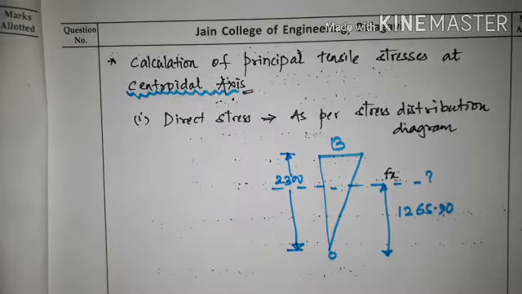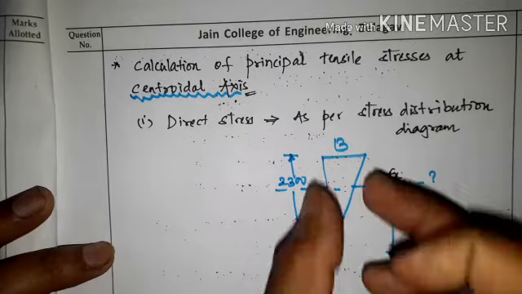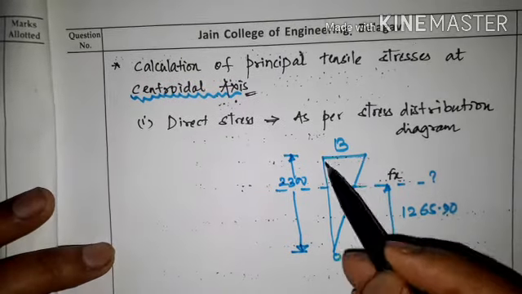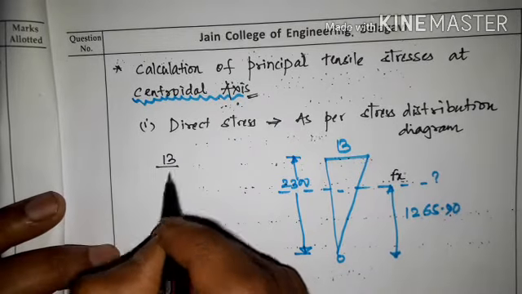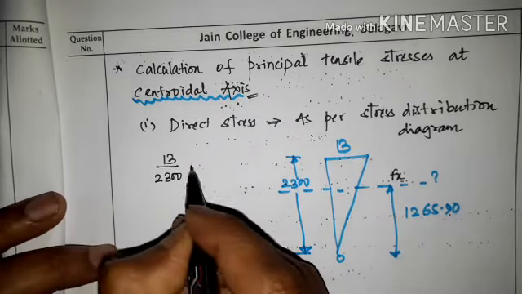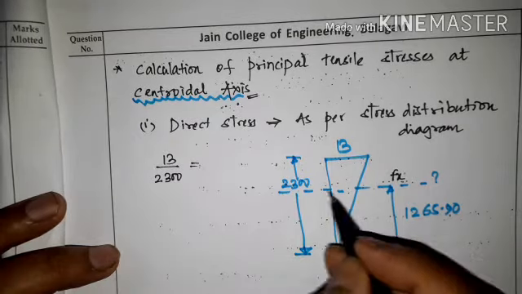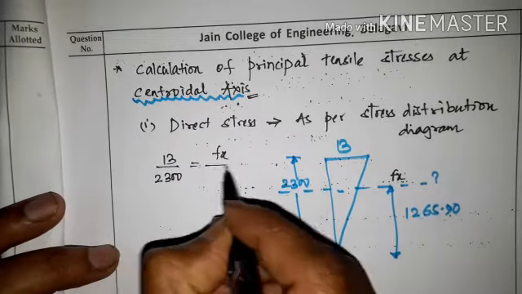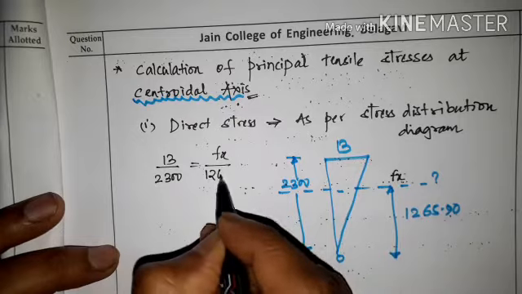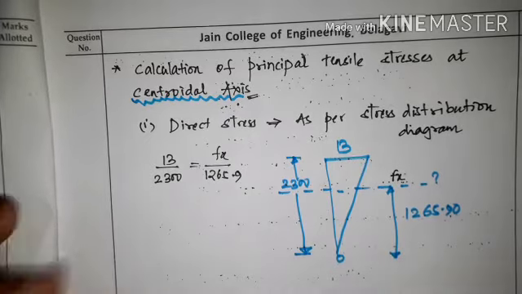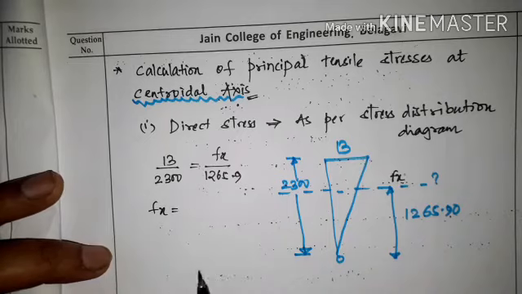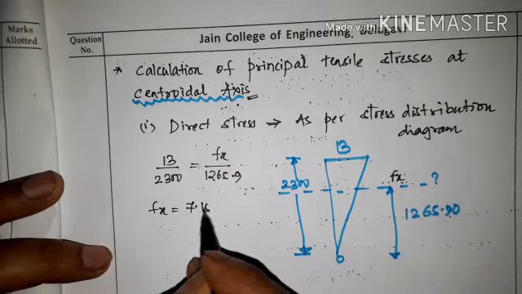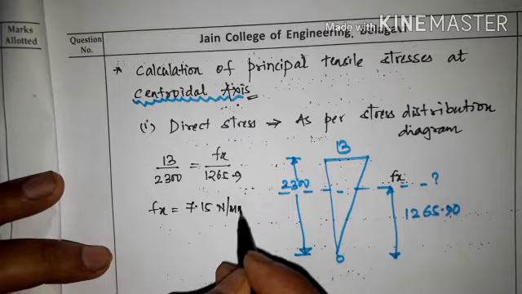So 13 divided by 2300 is equal to Fx divided by 1265.9. Therefore we'll get Fx is equal to 7.15 Newton per mm square.